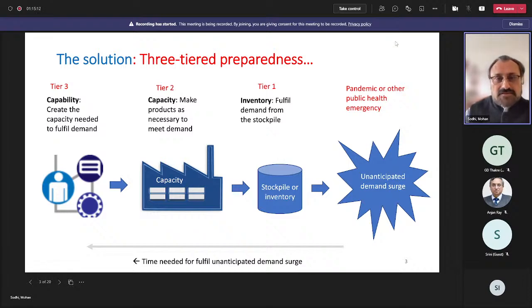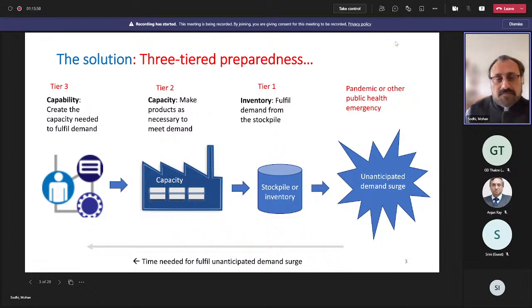So on the right, you see an unanticipated demand surge. This could be demand for oxygen, as you saw in many cities in India during the peak COVID time. It could be the demand for ventilators. Again, we saw that in the US and UK. So that unanticipated demand surge because of a pandemic or some other national health emergency can be met out of ready-made inventory that's already there, and many hospitals will also have inventory.